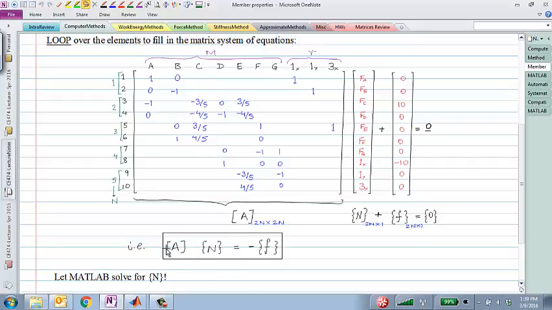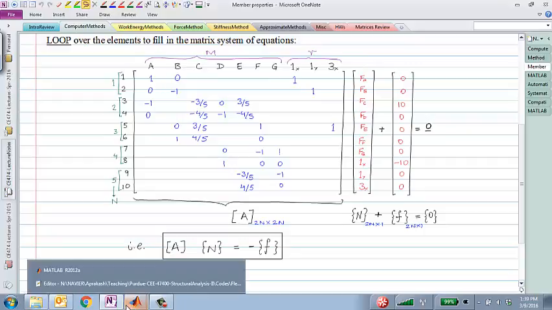When we solve a system of equations for unknown internal forces and reactions N, for applied loads F, I'm writing that as A times N equal to minus F. This is something that I'll use again and again for the indeterminate structures later on. So keep in mind how this works.